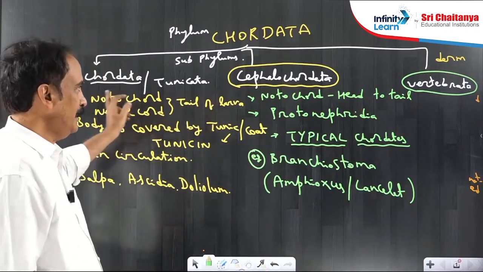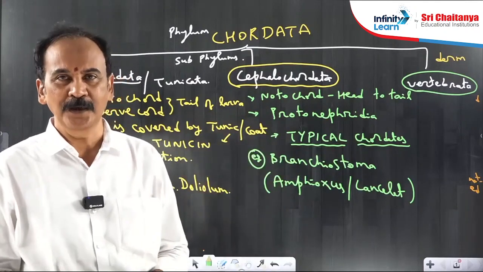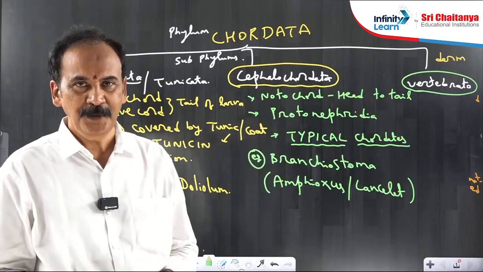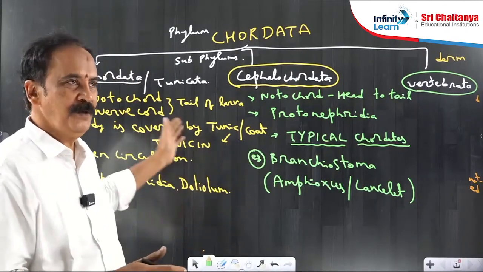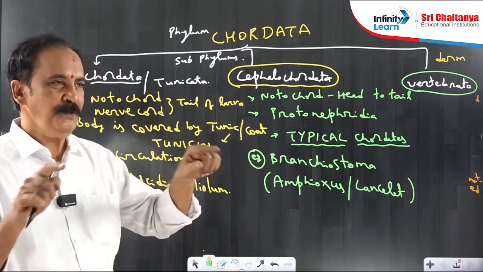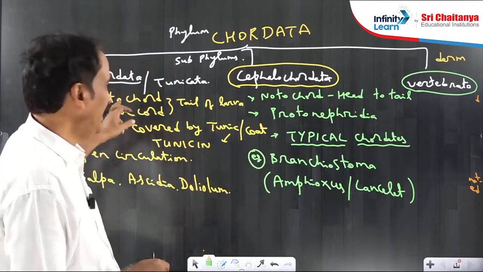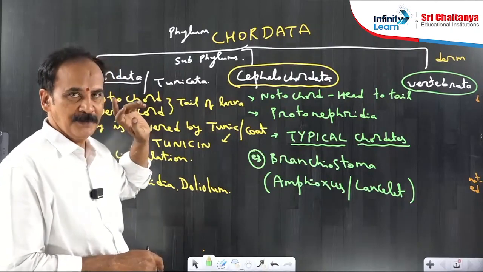Urochordates and cephalochordates together we consider a group called protochordates. Protochordate is not a taxon, meaning it is not like a phylum or subphylum. It is just a group, right? A group named protochordates: cephalochordates and urochordates.